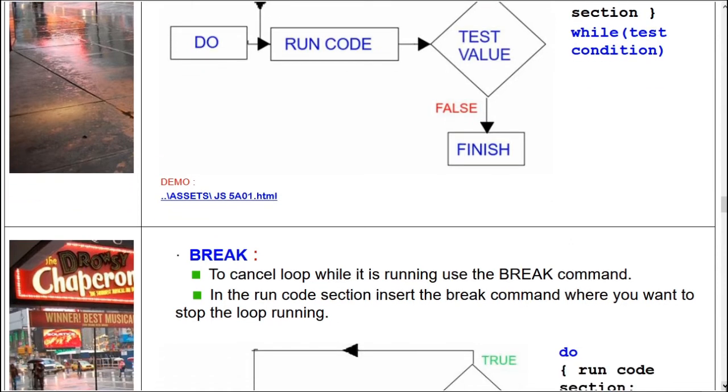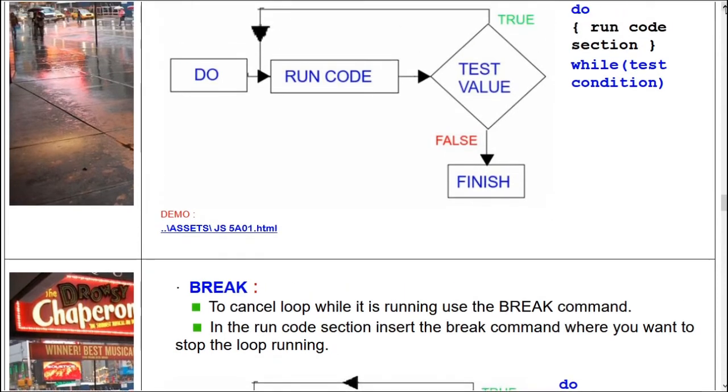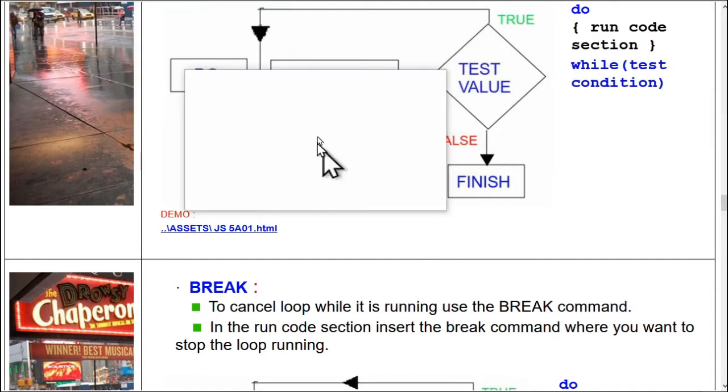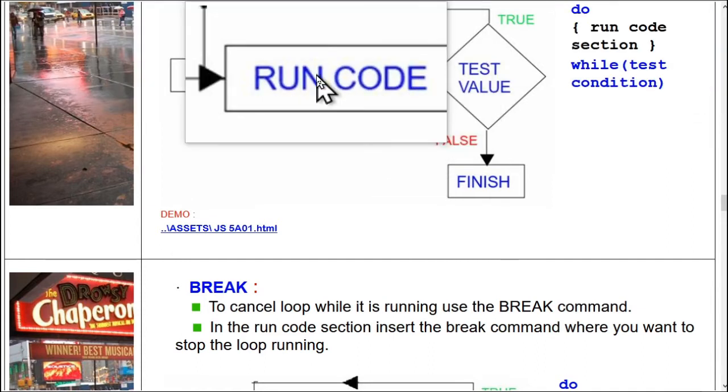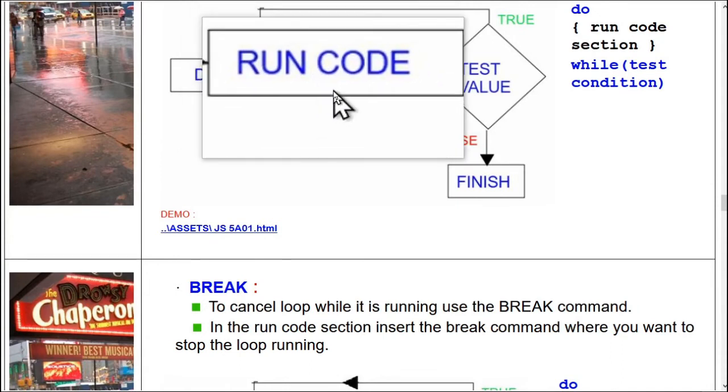What you can do is, for example, if you're in the middle of the run code section and you decide in the run code section that you don't want to carry on running the loop, there's a number of things that you can do.